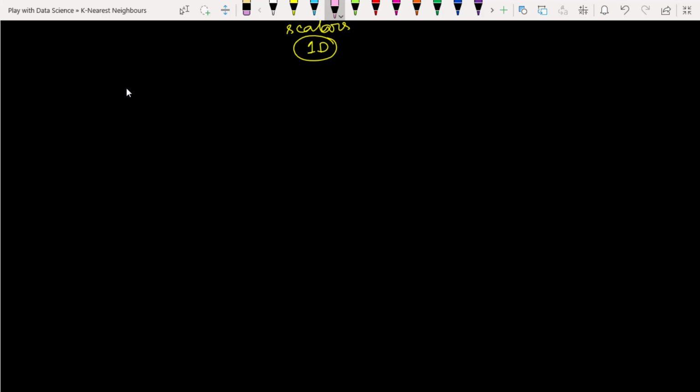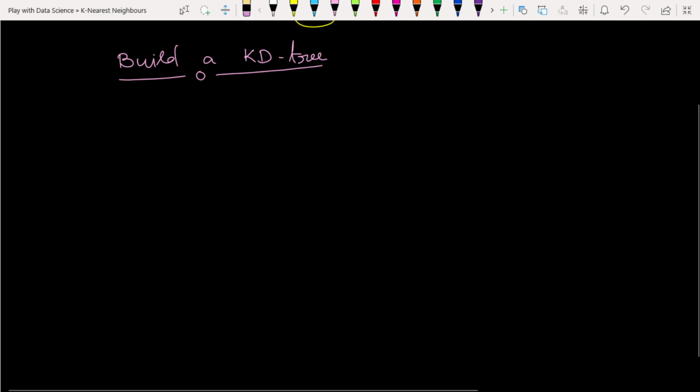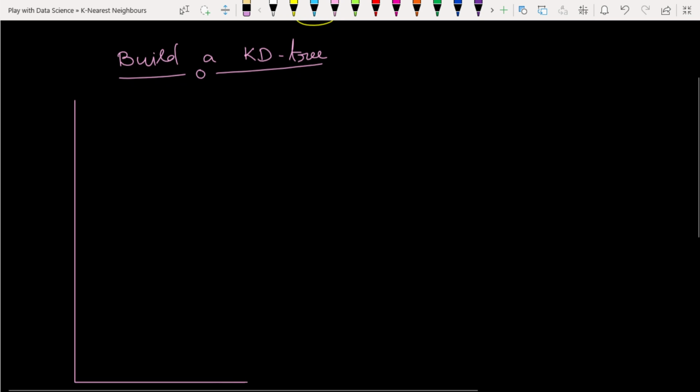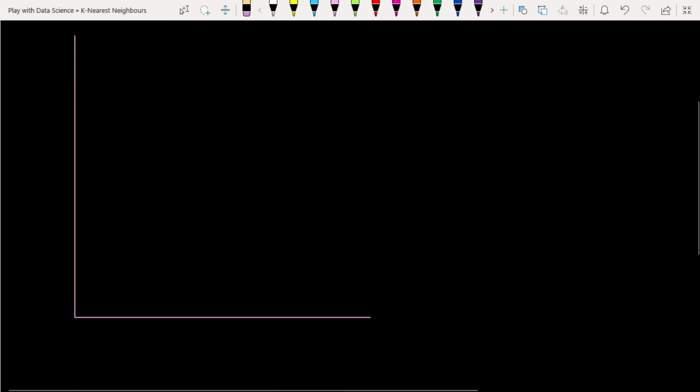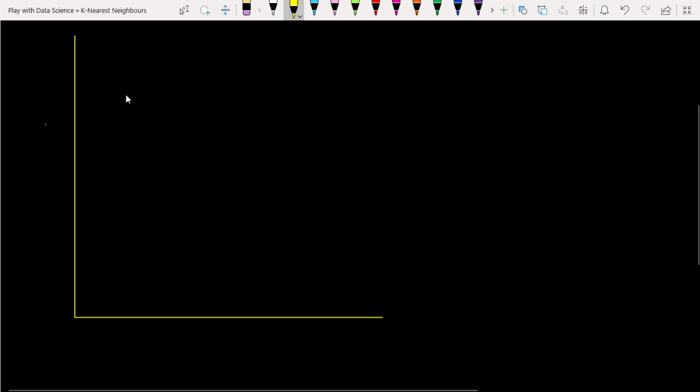So let's build a KD tree. Suppose we first draw the axes.